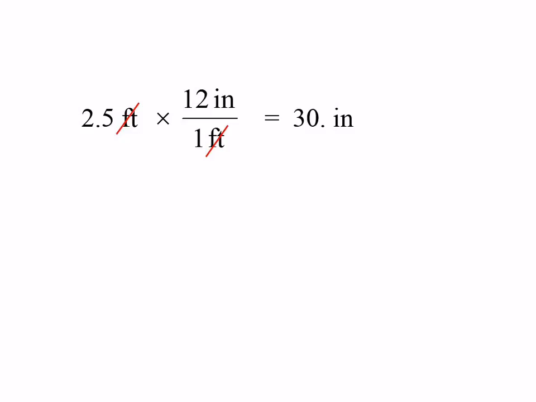We can know that as an equivalency statement. This term right here is what we call the conversion factor we get from 1 foot is equal to 12 inches. So 1 foot equals 12 inches, that's flat. We want to use it so we're left with inches and feet cancel, so we're going to put feet on the bottom.